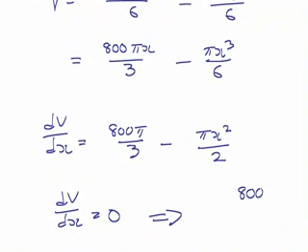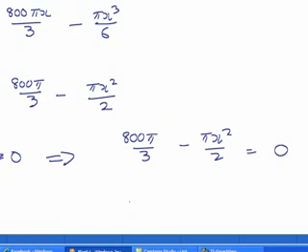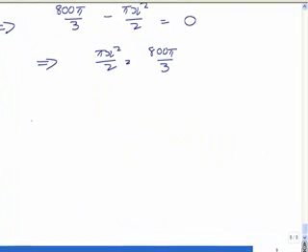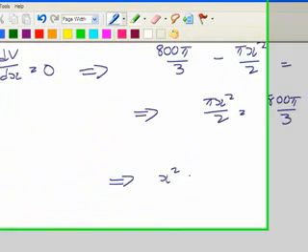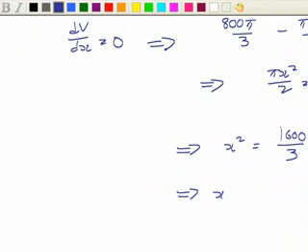So what I have is 8000 pi over 3 minus pi x squared over 2 equals 0. This implies that pi x squared over 2 equals 8000 pi over 3. This means that x squared is equal to, is it times 2, correct? 16000 pi cancel off over 3. So the answer will be x equals the square root of 16000 over 3.